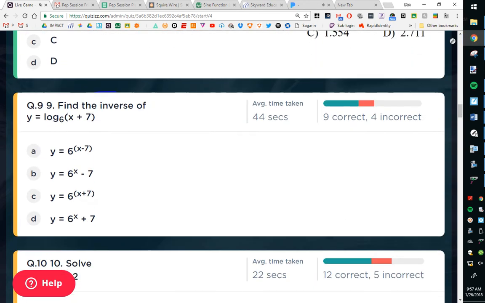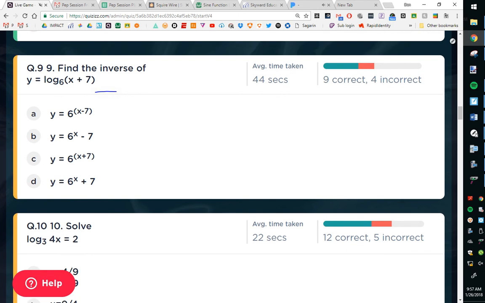Numbers 9 and 10 we've missed maybe a little bit more than we need to, so I'm going to look at 9 and 10 right now as you're going as well. Number 9, it has a log base 6, and we're finding the inverse. Remember, to find an inverse, we start off by flipping x and y. Once I've done that, I'm trying to get y by itself.